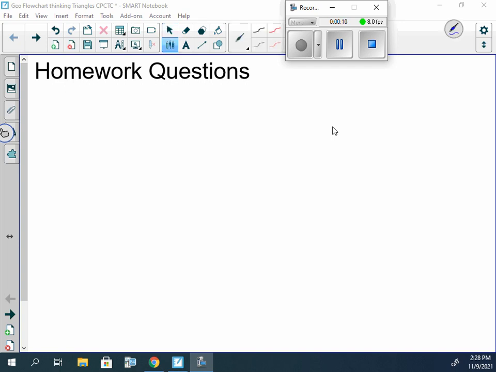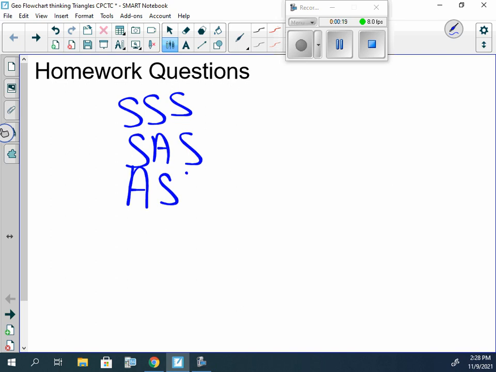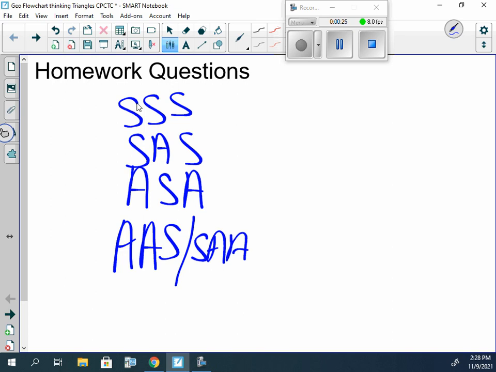Now, what we've been going over lately is congruency shortcuts. And we saw that side, side, side; side, angle, side; angle, side, angle; angle, angle, side; or side, angle, angle are the ones that work every single time without fail. There's not going to be a triangle set up in one of these ways that would not be congruent.